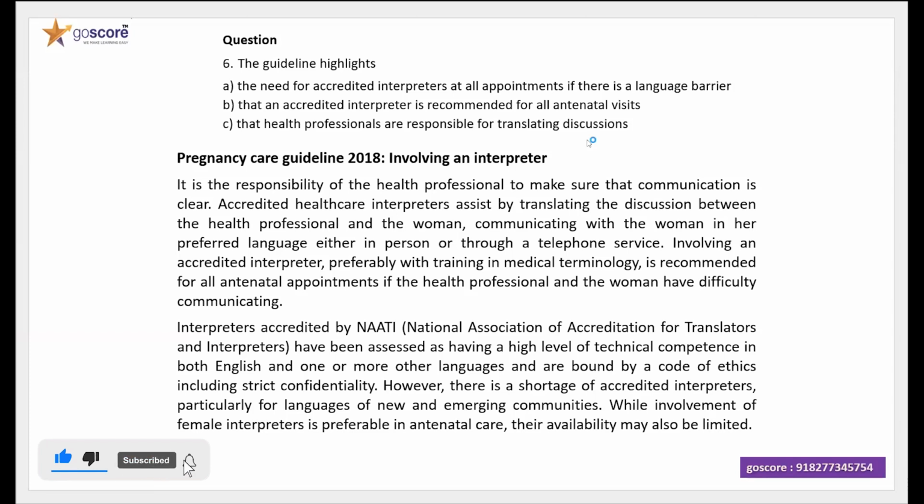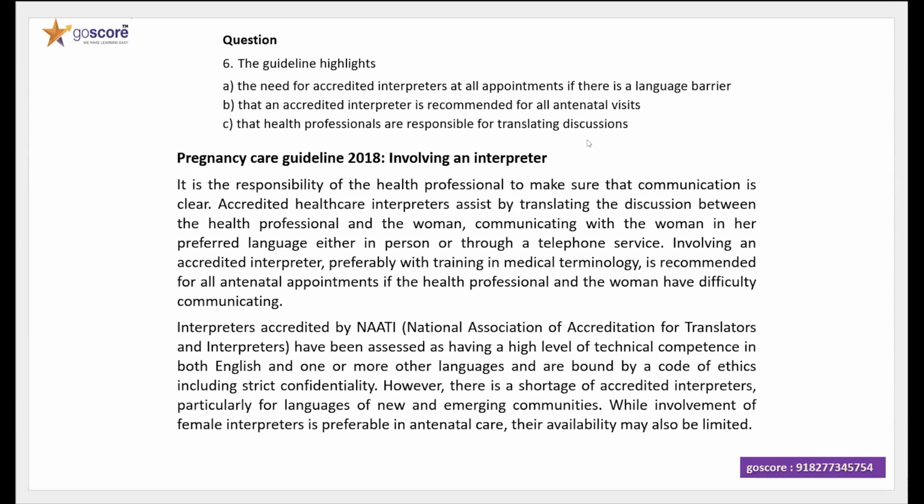Now, option A says the need for accredited interpreters at all appointments if there is a language barrier. If there is a language barrier, then an interpreter is needed, right? Is it an absolute? No. Why? There is an exception: if there is a language barrier. That means if there is a language barrier, then you can give interpreters to all appointments. If you see the word all, don't think it's an absolute.